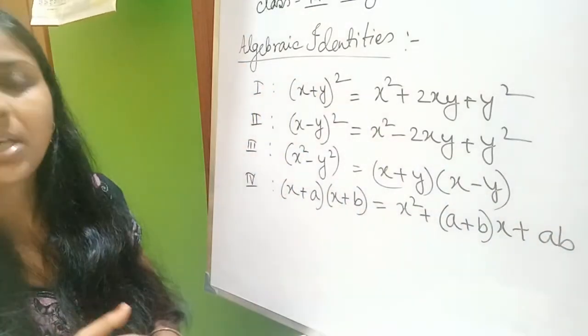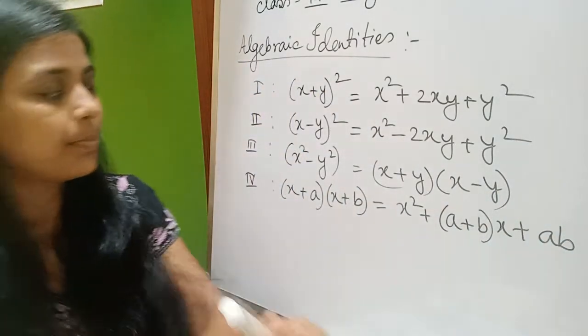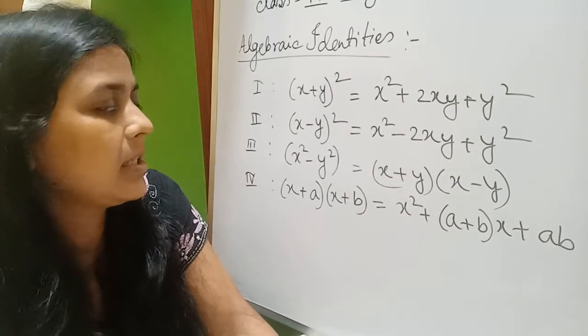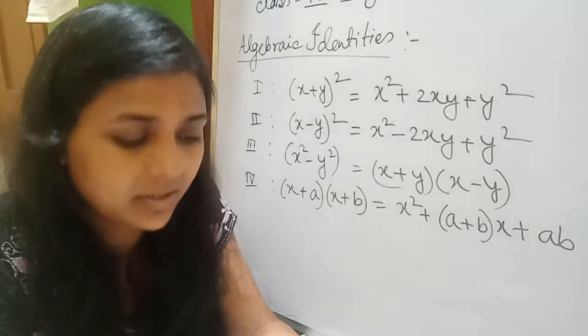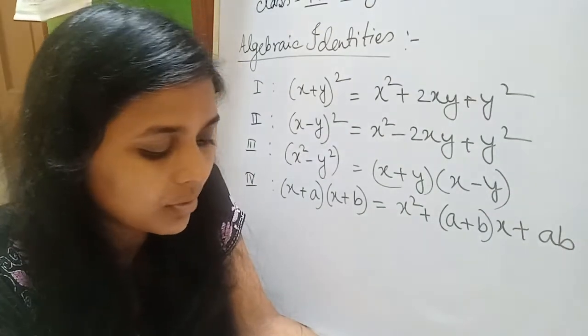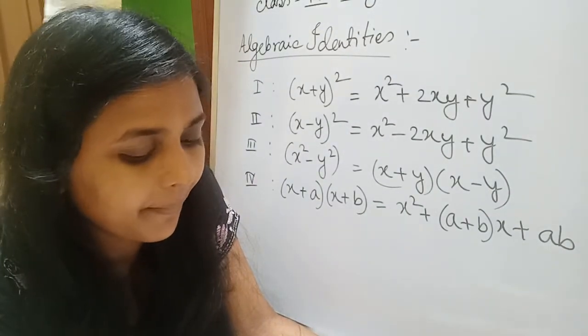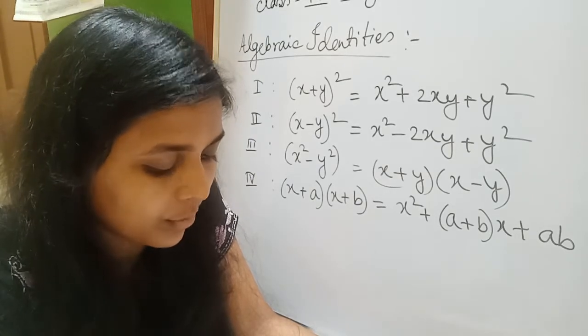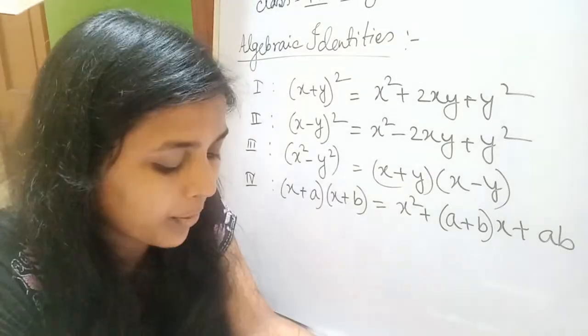Okay, so these are four preliminary algebraic identities that are there in your syllabus. So by using these identities, we can do exercise 2.5.